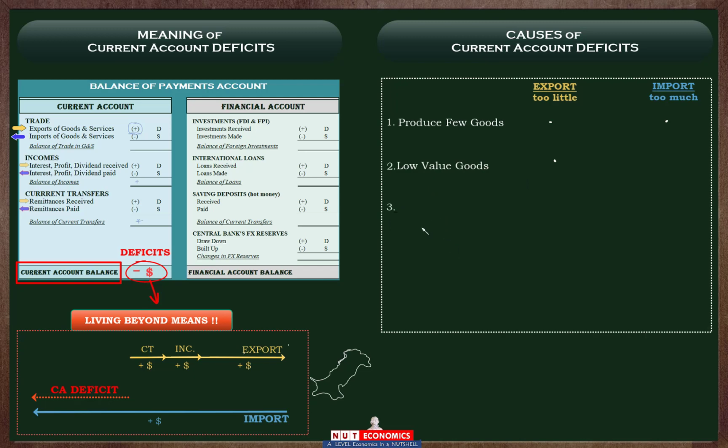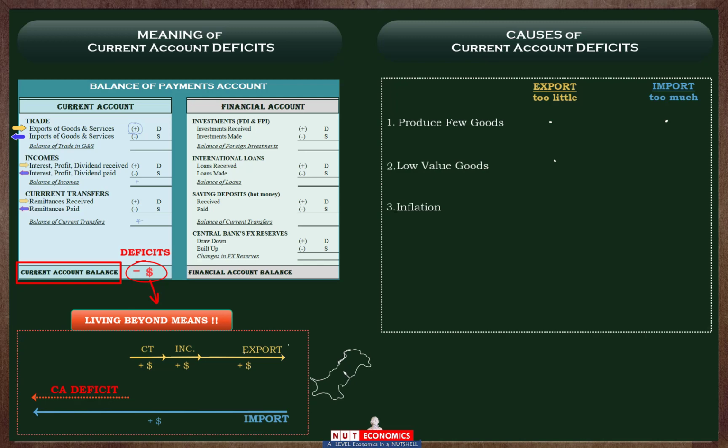Then the next reason why countries like Pakistan get into these current account deficits is the problem of inflation. Countries like Pakistan, struggling economies, usually have this huge problem of inflation where they can't keep a check on the price levels. Prices keep on increasing.